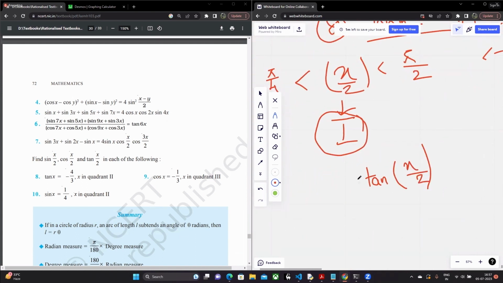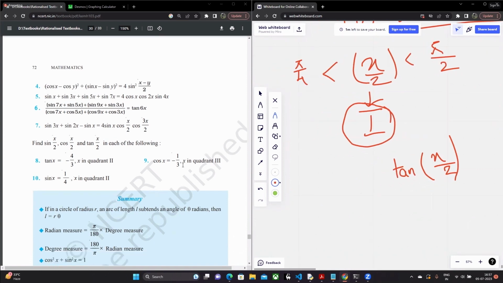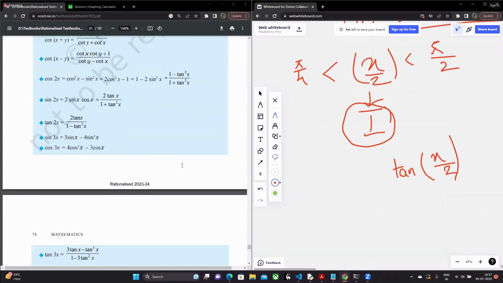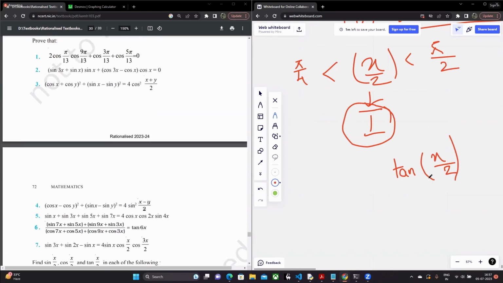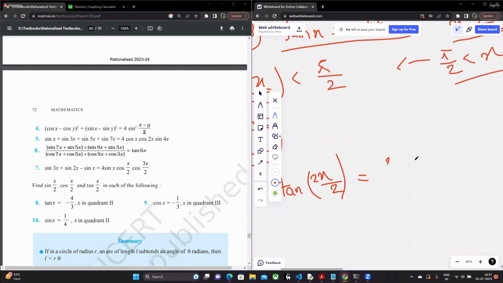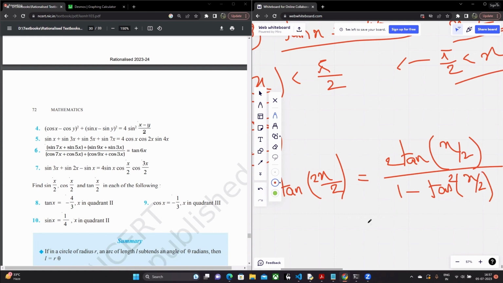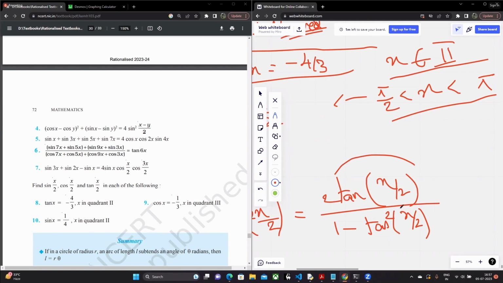No. Since you are not given the half angle formulas, you'll have to do it with tan of 2x and so on. So tan of 2 times x by 2 is going to be equal to 2 tan x by 2 divided by 1 minus tan square x by 2. Let this whole thing, this tan of x by 2, be y.